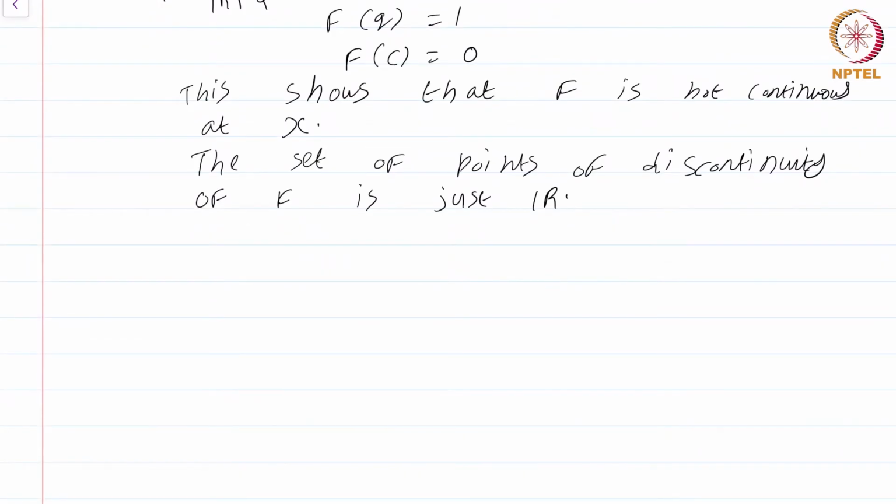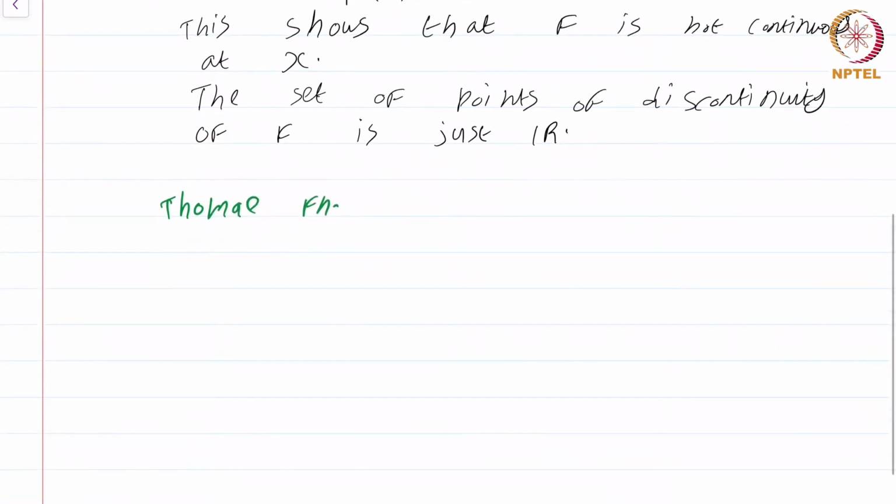This is called the Thomae function. Now the definition is somewhat similar to the Dirichlet function, but it differs at a crucial point. This is defined to be f of x equal to 0 if x is irrational. That's the same.